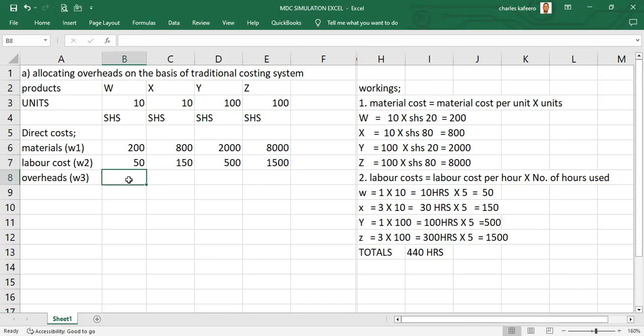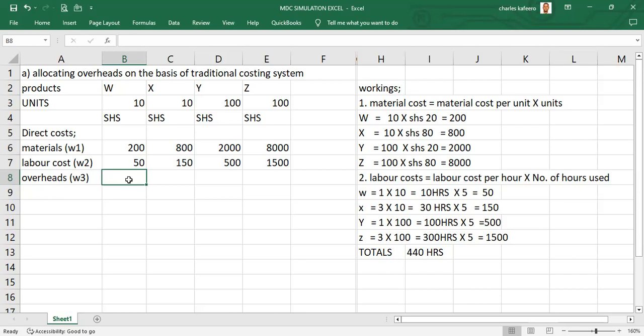So we go to the overheads. So this is where we need to be very attentive, because it's what we actually need to know. It's one of the things that is going to differentiate between the traditional and the costing system. The way we treat the overheads is what makes a difference.